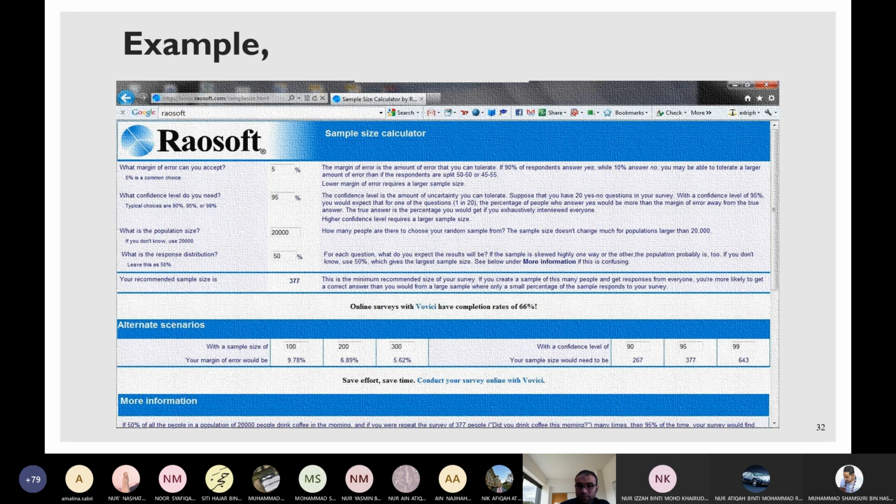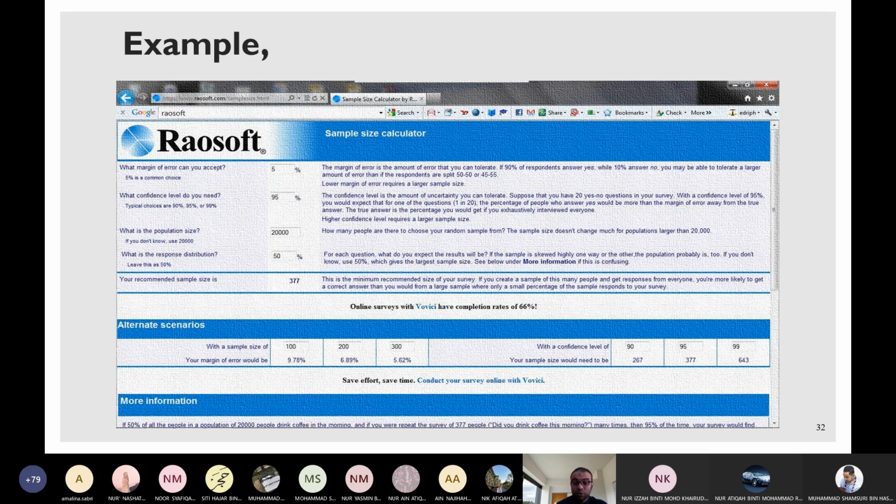You can see here what margin of error you can accept. This here refers to alpha or type 1 error. Most of the time it is within 5%. And what confidence level? Most likely 95%.